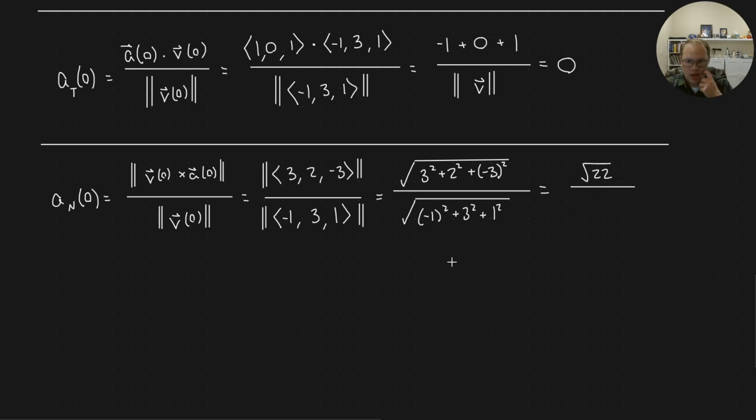And on bottom, I get 1 plus 9 plus 1, that's 11. Root 11? And I could actually simplify because 22 is 2 times 11. So the root 11s will cancel, leaving me just root 2. Okay? And that is the final piece I needed.